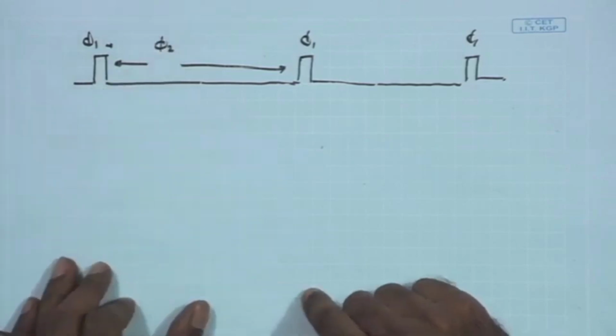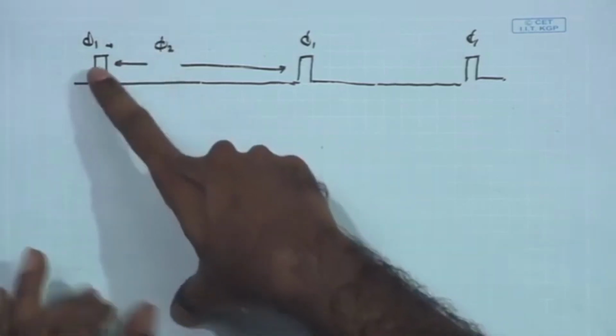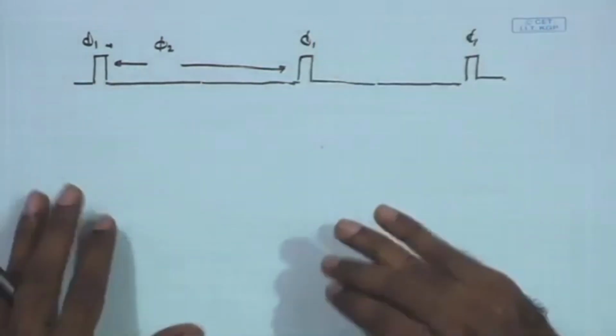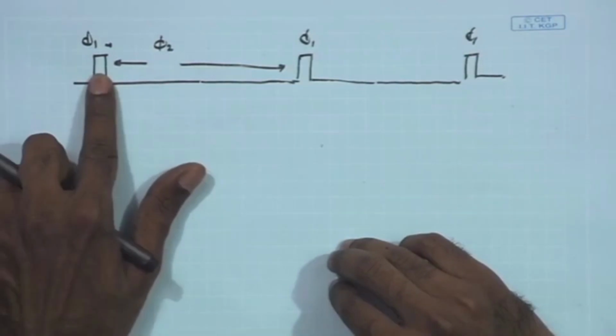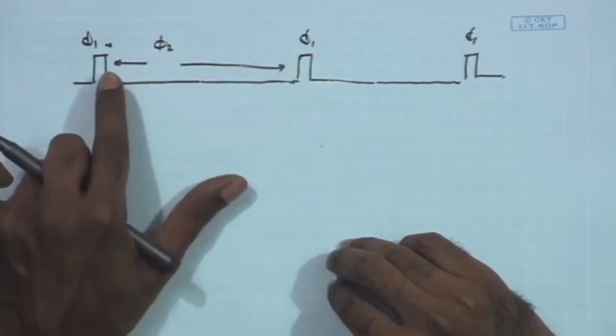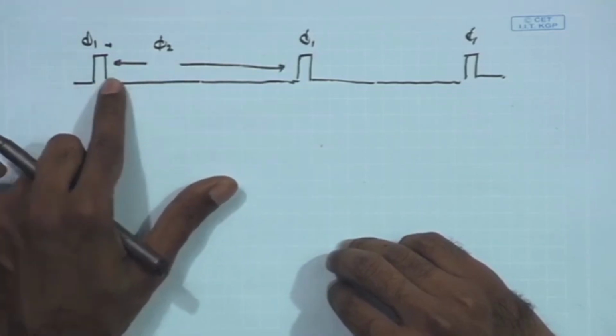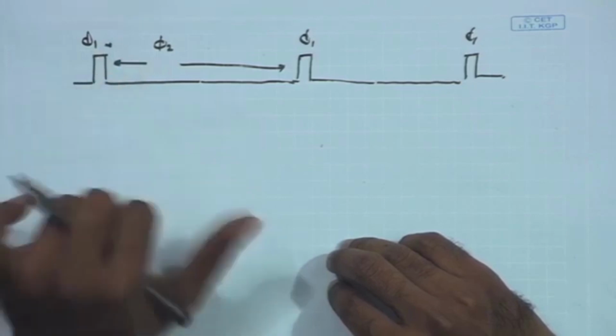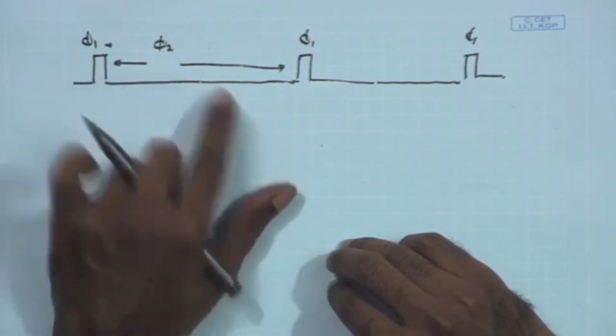So, this is the overall scheme we had. Remember, during phi 1 we are sampling the data, at the same time we are doing the offset cancellation or the offset sampling of the comparator. The data is sampled and the offset of the comparator is sampled, and in the phi 2 phase the comparator operation is initiated. So, the ramp circuit starts charging the capacitor, voltage starts rising, and the counter also starts counting.